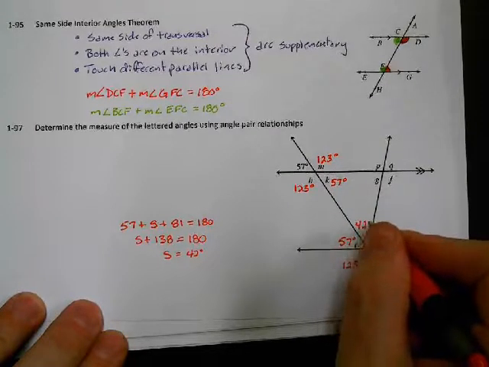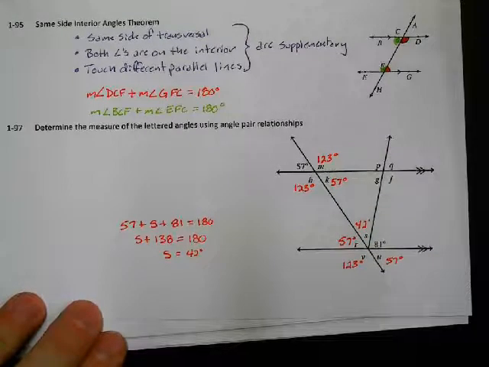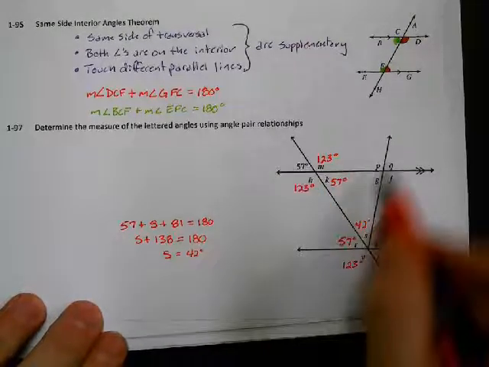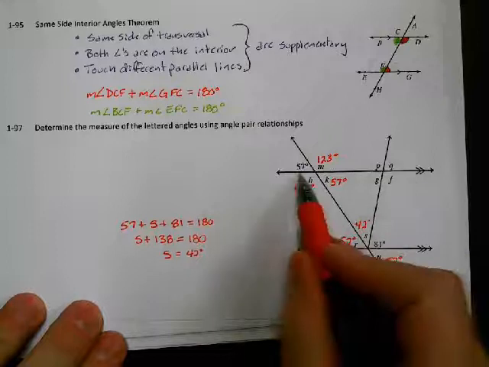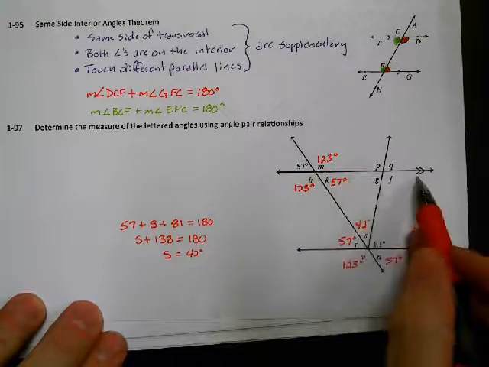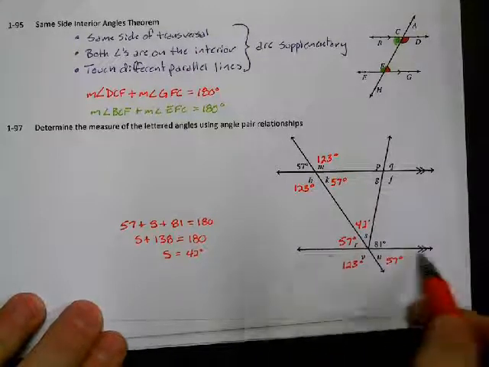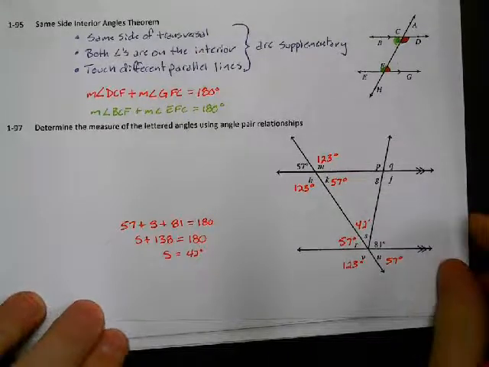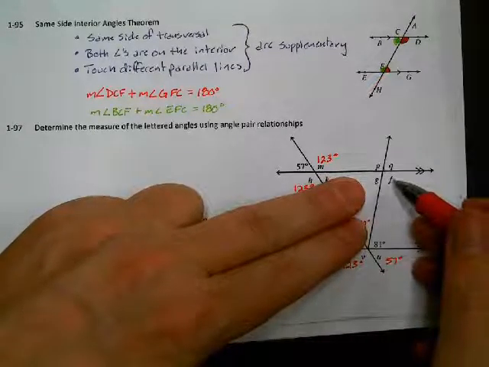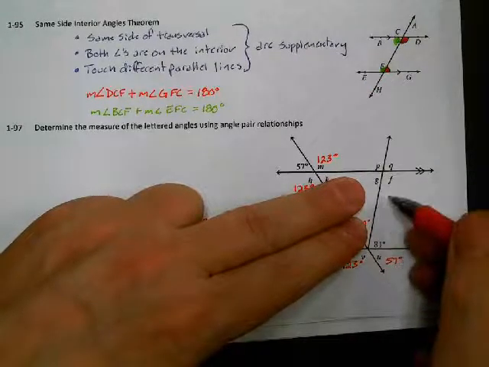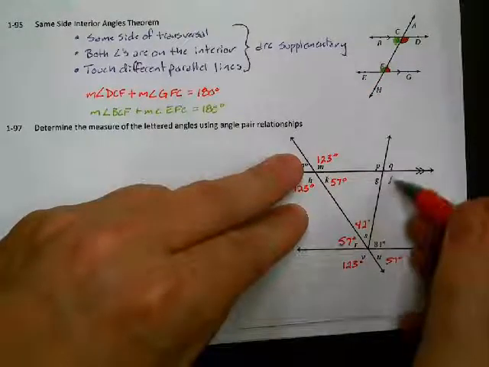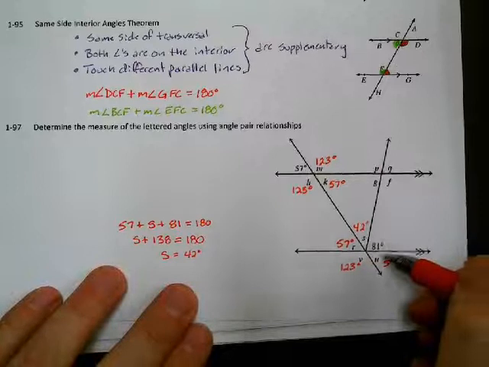All right, I cannot compare going this direction because these two lines are not parallel. I can't use this as a transversal because these are not parallel lines. So I have to compare these angles here with the angles that I have down here. Luckily, I have same side interior angles right here. So I've got parallel line, transversal. F and 81 would be same side interior, and we said same side interior angles are supplementary.